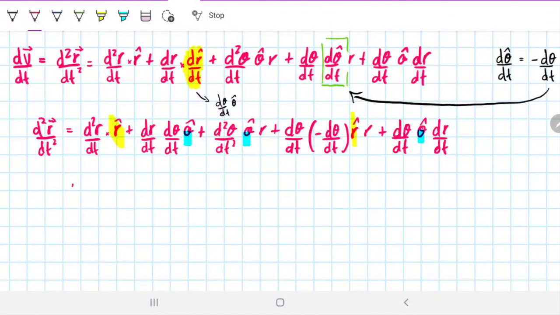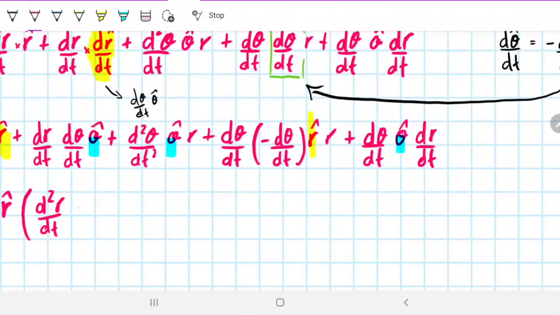Okay, so I'm going to rewrite this as the second derivative of the position, so the acceleration will be equal to r hat, that's multiplying the second derivative of the scalar r, minus, I should say, negative, the square r times the square of how theta is varying with time, plus theta hat, that's multiplying.